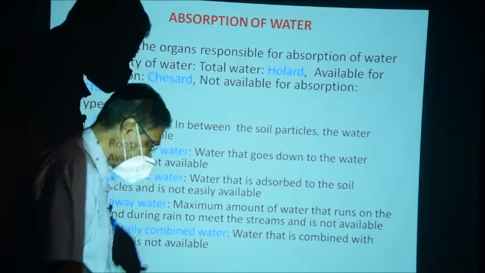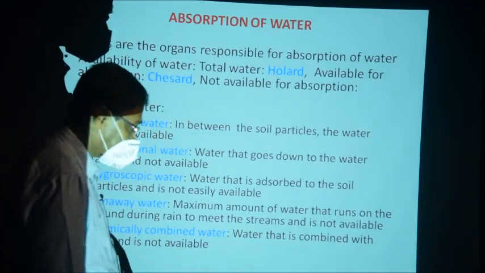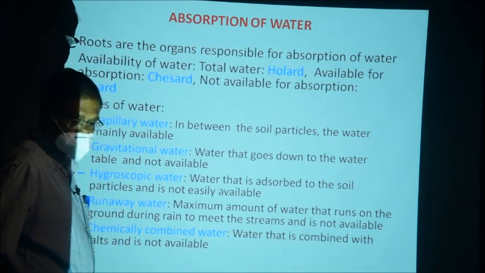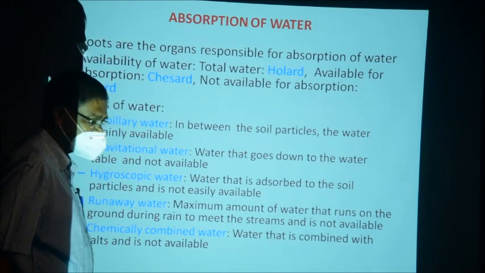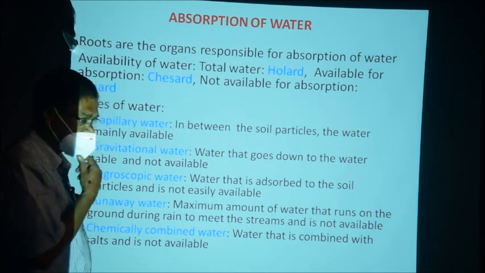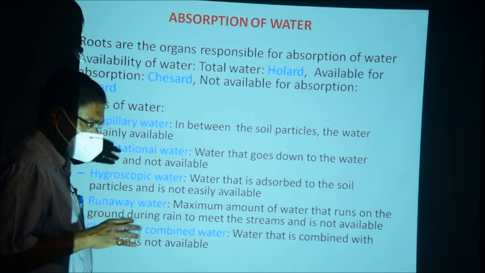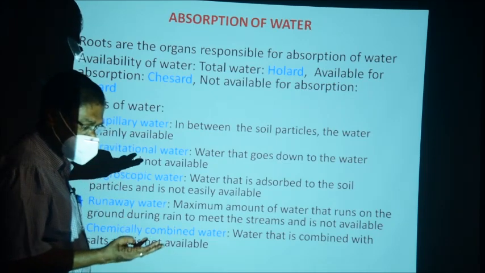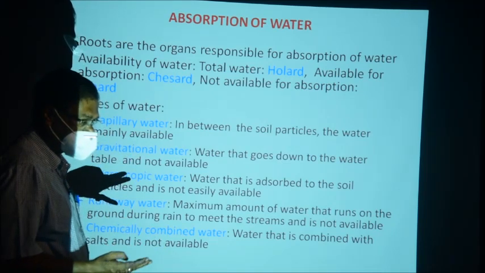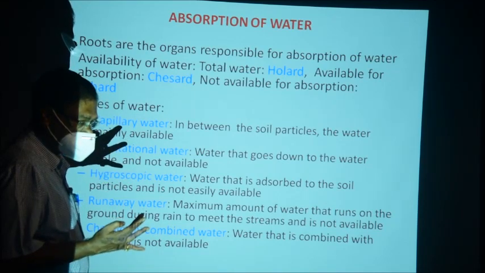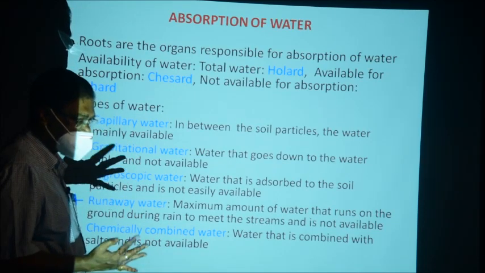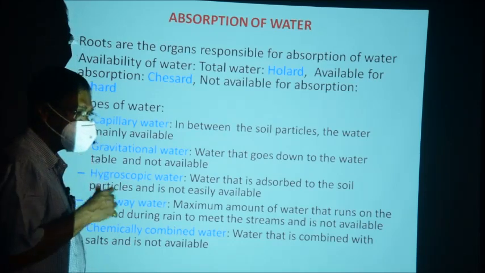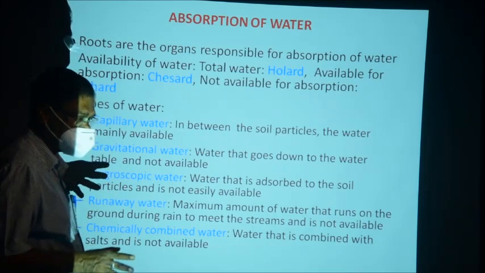Now very fast we will cover all the physiological processes we have discussed, which are based on the basic principles of diffusion, osmosis, imbibition and carriers. Carriers are used only in absorption of solutes.